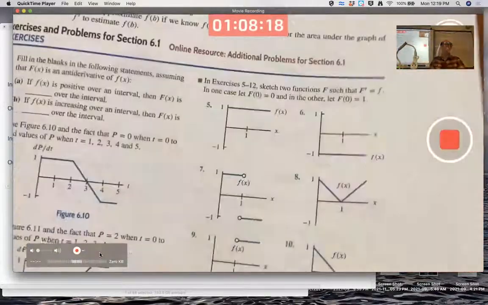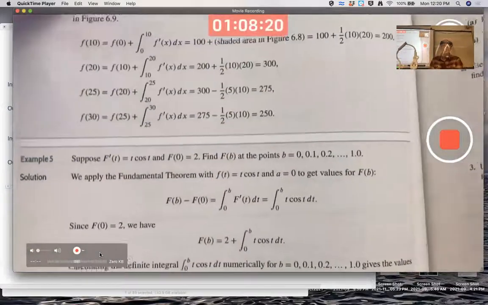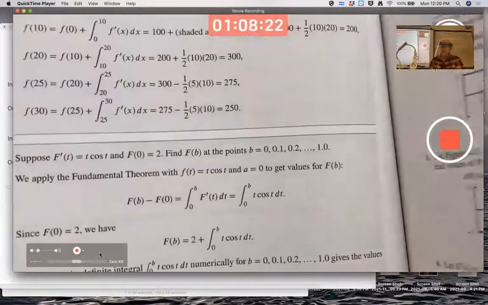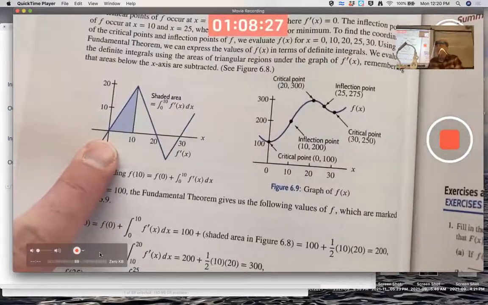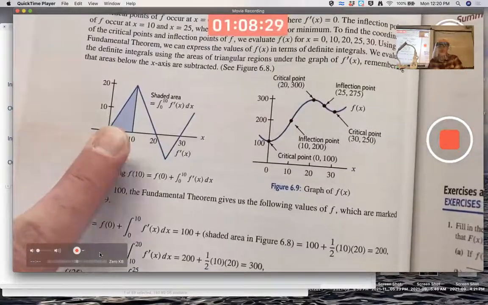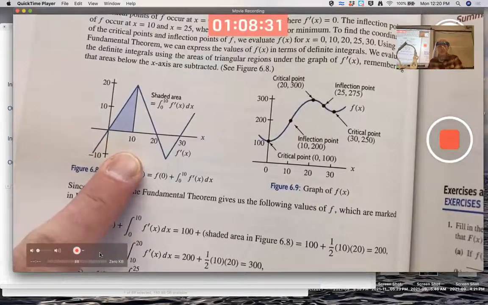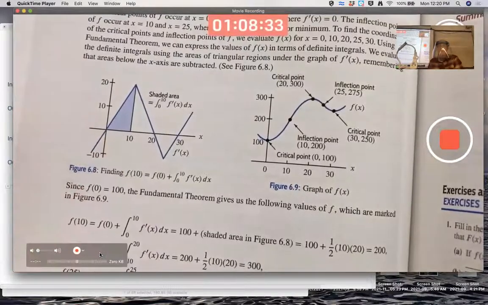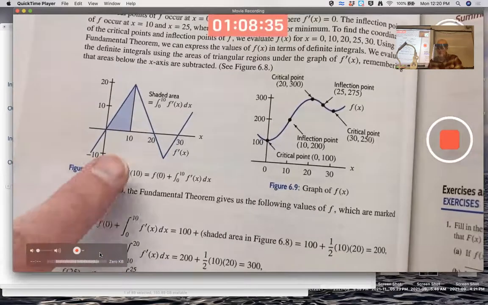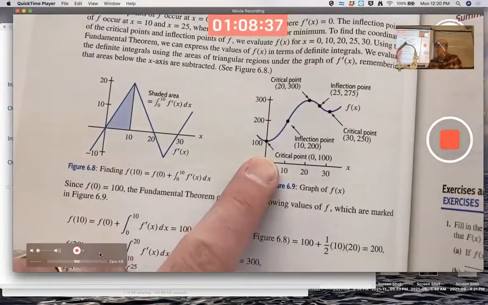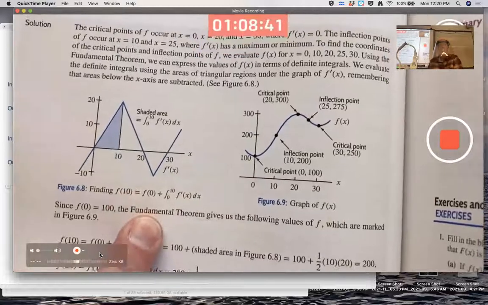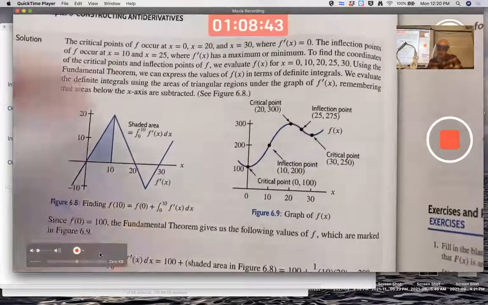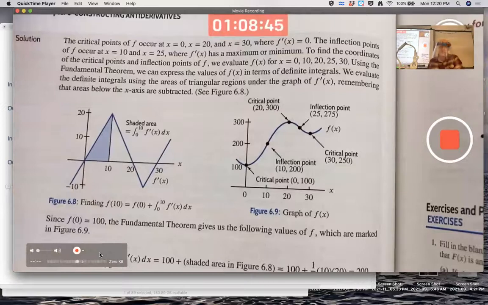That's where you're thinking about, for example, drawing graphs of capital F when you know little f, by thinking about areas like the problem we did last Friday. It's a more complicated version of it perhaps here. Here you're given the derivative, you're trying to draw the antiderivative by thinking about areas. That's what they do. This is definitely a problem worth studying. It's example 4 in section 6.1.